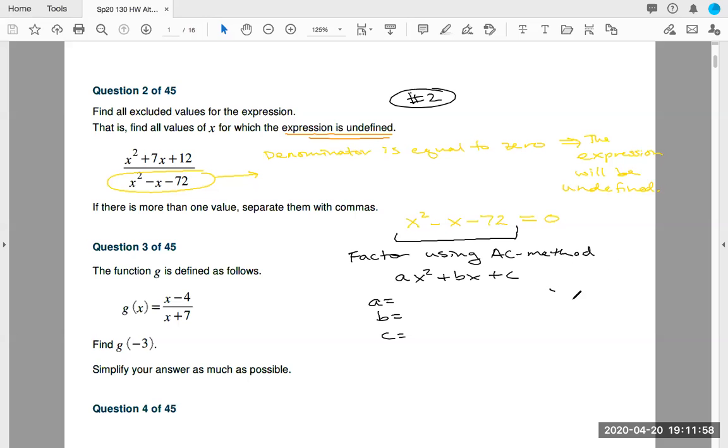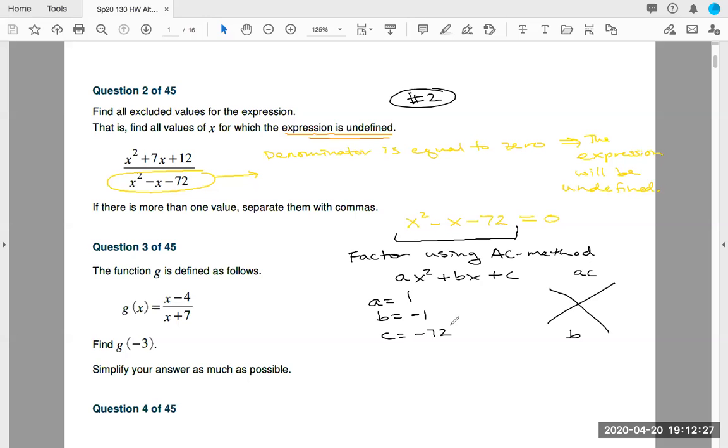And then once we do that, we're going to put a times c on the top and put b down below. So a is going to be 1. B, there's a negative in front of the x, so there's an invisible 1 right here, right? So b is going to be negative 1. And then c will be negative 72.